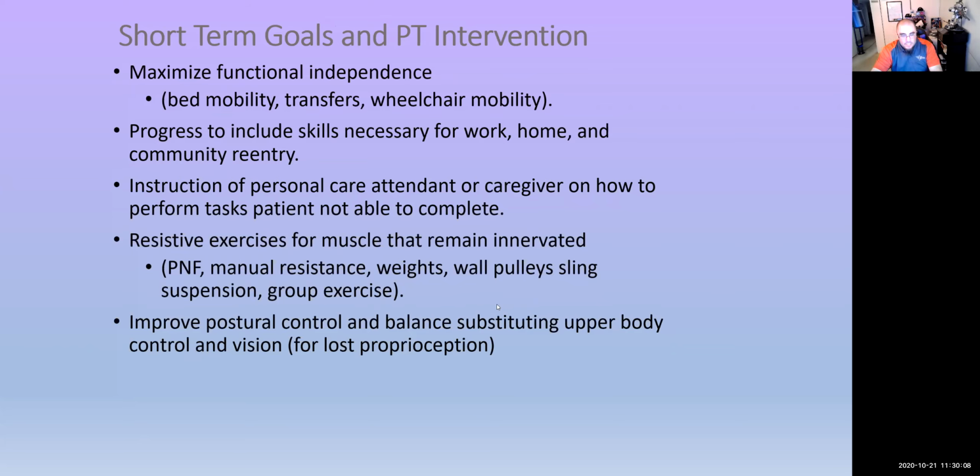If a patient doesn't have functional legs because they have a spinal cord injury, how are they going to transfer to a wheelchair? What's the method they're going to transfer? A lift potentially, and what other method do we have? We have one more.